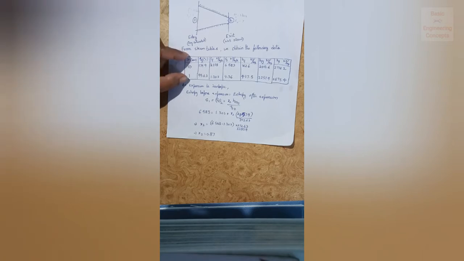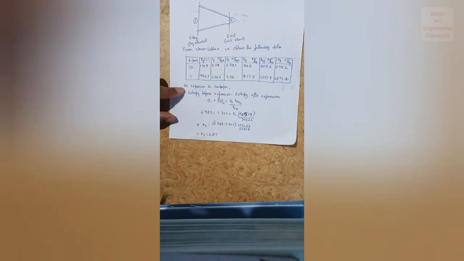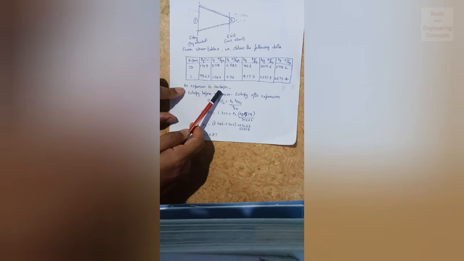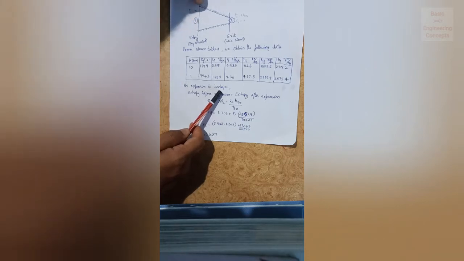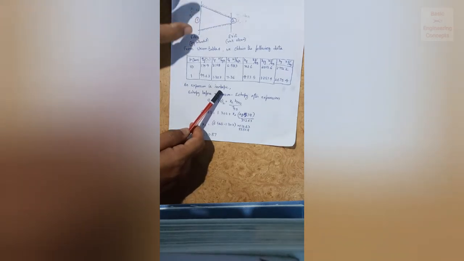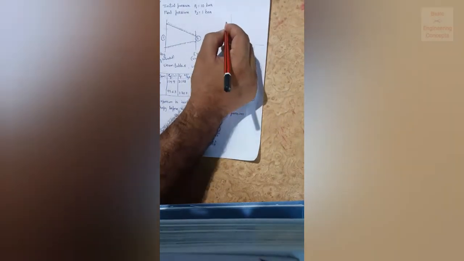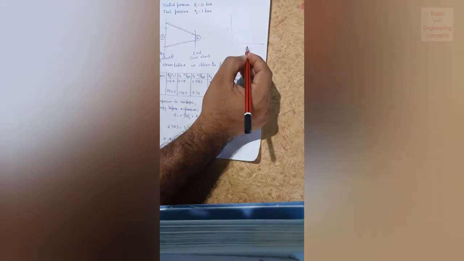After obtaining the tables, we know that the expansion is isentropic, since the nozzle is insulated. If you want to draw the h-s diagram for a steam nozzle, h is on the y-axis and s on the x-axis. This is the saturation line.